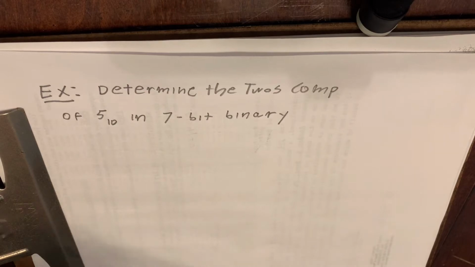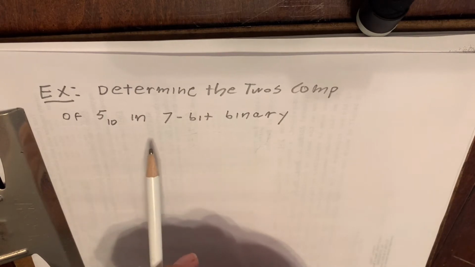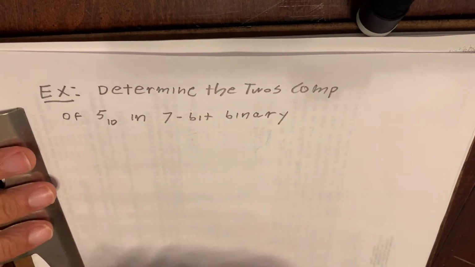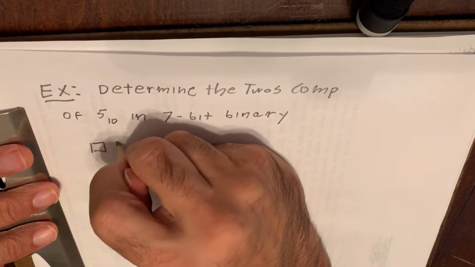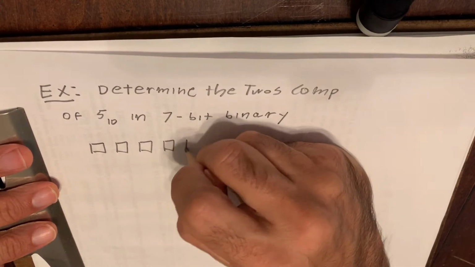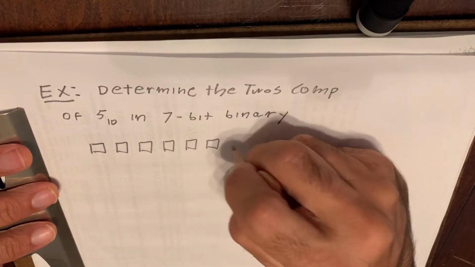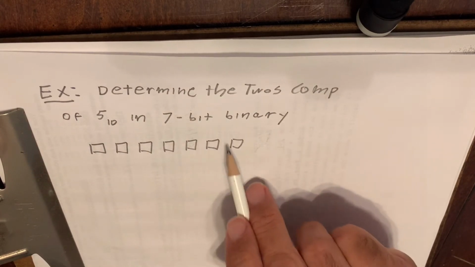So let's do another example. So here, let's determine the 2's complement of 5 base 10 in 7-bit binary. So what I'm going to do is start off by writing my 7 bits as little squares. So we have 1, 2, 3, 4, 5, 6, 7.